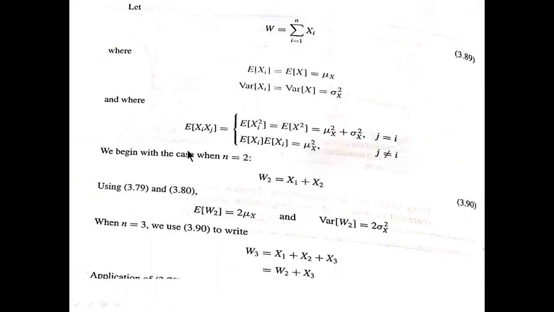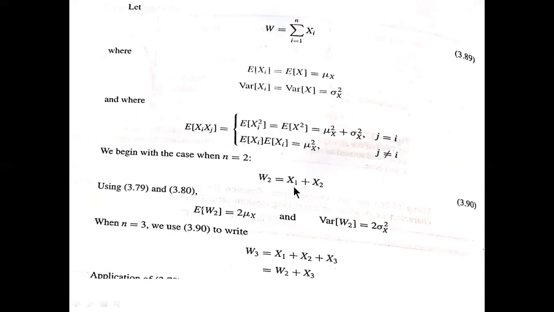So let us consider n equal to 2. That means w2 is the sum of xi, i equal to 1 to 2, that is x1 plus x2. Under this condition, the expectation or the mean of w2 will be equal to 2 mu x. Variance of w2 will be twice sigma x square.